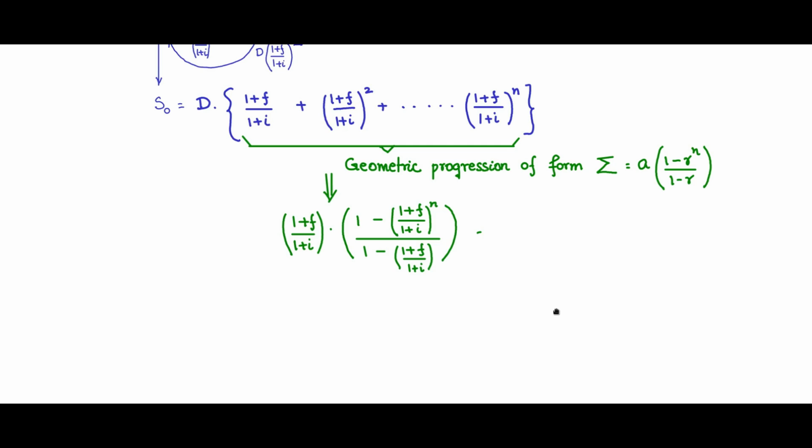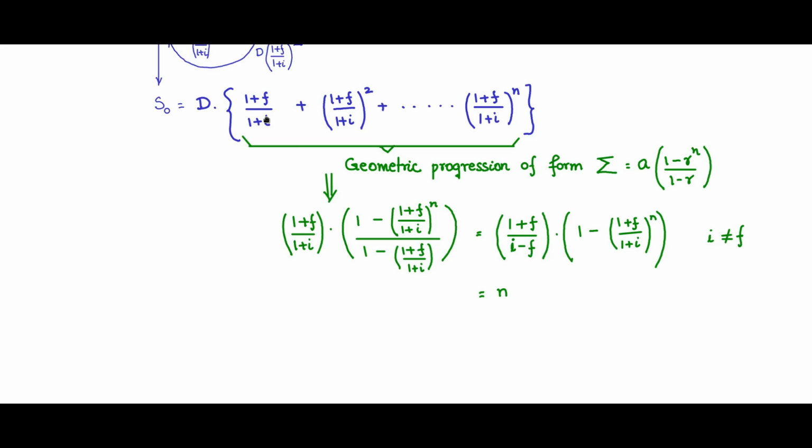Because there is an I minus f, there is a chance of this being 0 if I is equal to f. So this equation will not be valid for I equal to f. So this is the present worth factor if I is not equal to f.